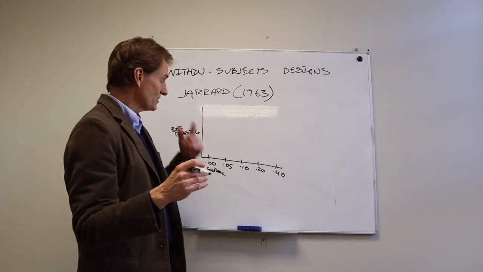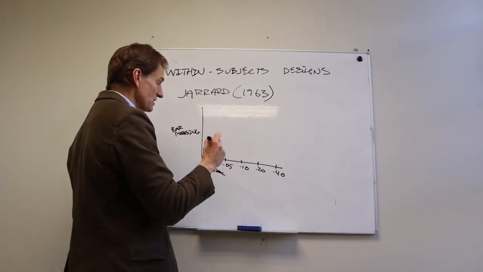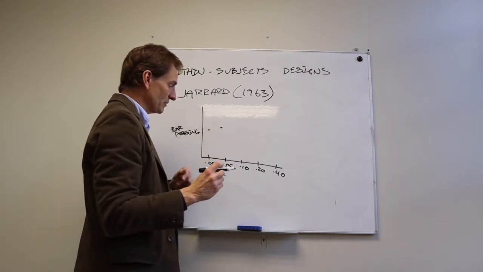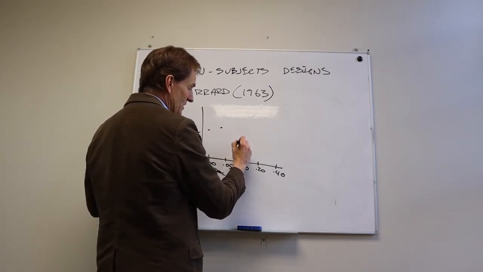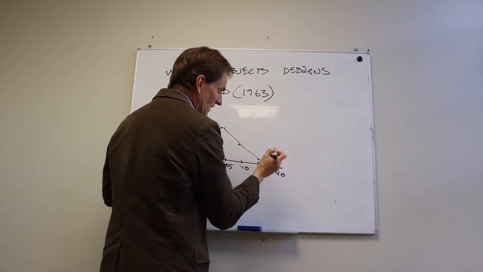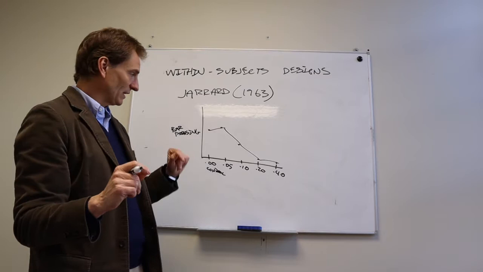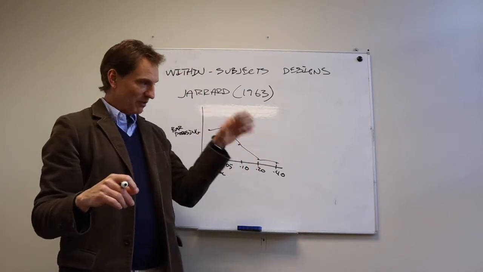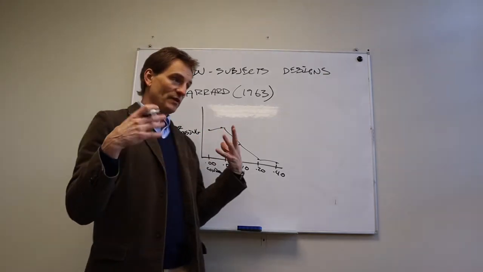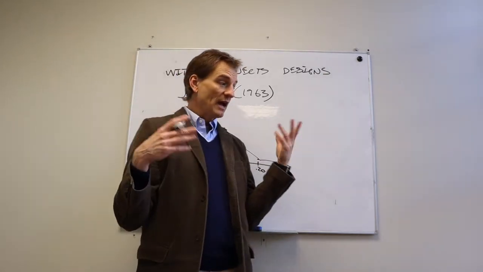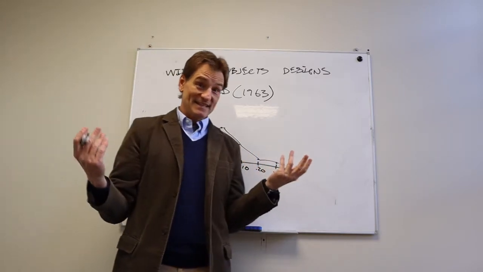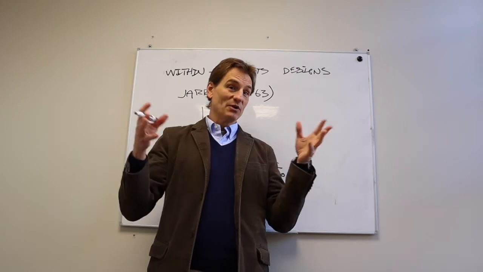You're going to mix it up because you want to avoid progressive error, which we'll talk about in another lecture. What he found, this is Gerard's research, is there was a slight increase in bar pressing with a very low dosage, and then a massive drop-off in their bar pressing ability. But a very small uptick because the animal feels stimulated and doesn't know why, and then a massive drop-off probably because they're experiencing synesthesia, which is cross-modal experience.